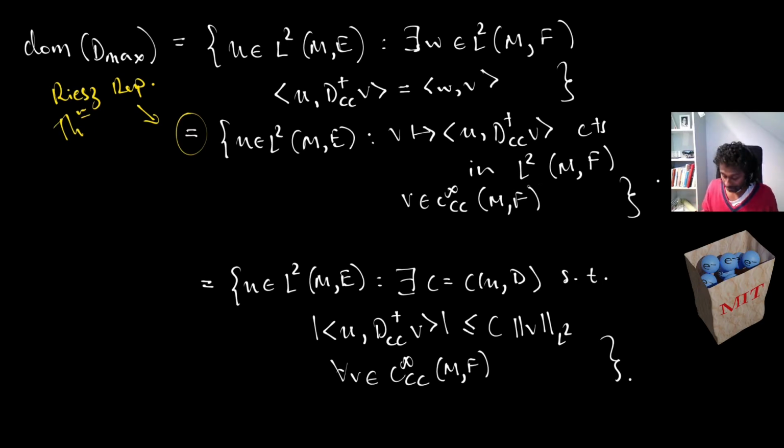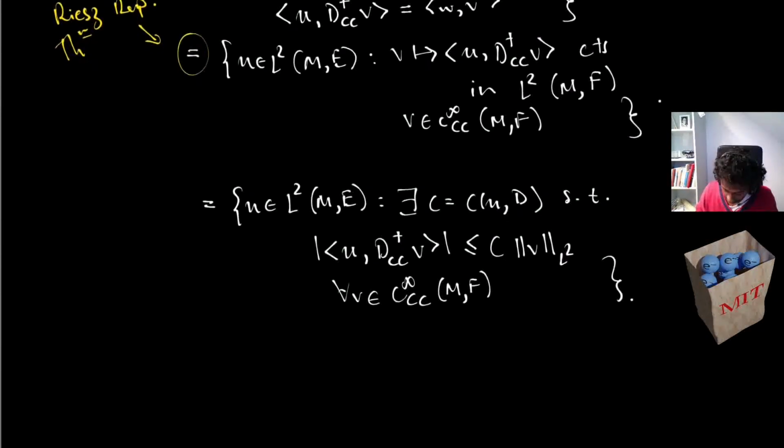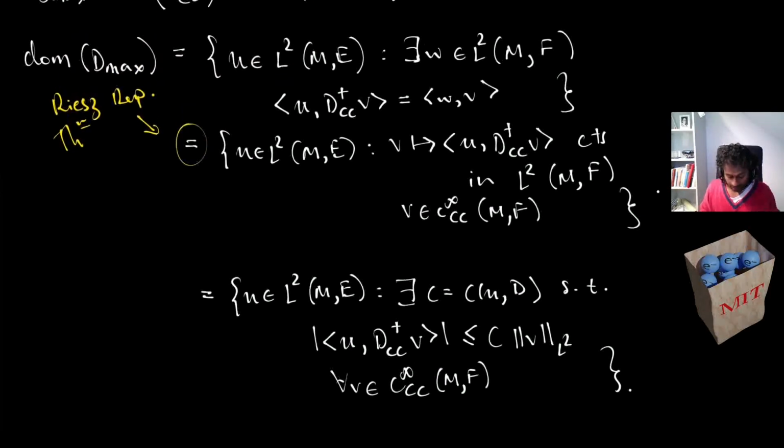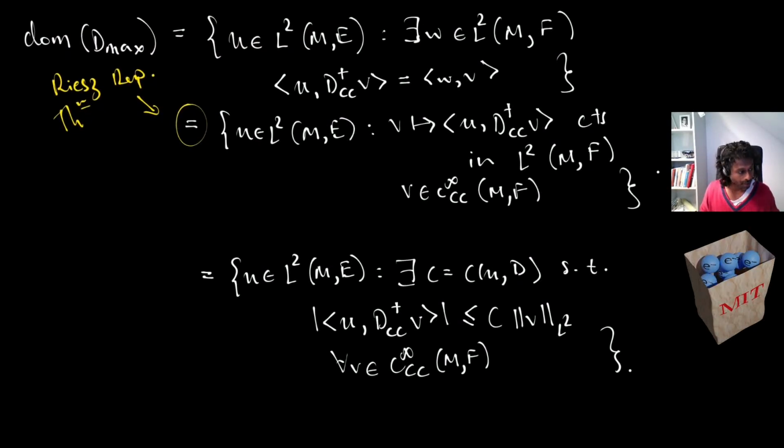We've already seen that. So such a map which is continuous is going to extend continuously to all of L2, right? So there's a unique extension. But this is another way of phrasing it. So we can really concretely understand what the domain of D max is.